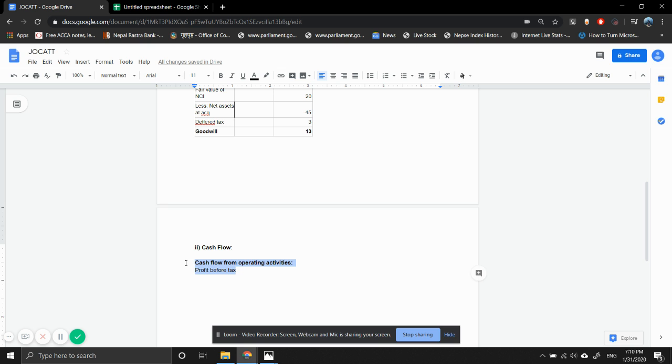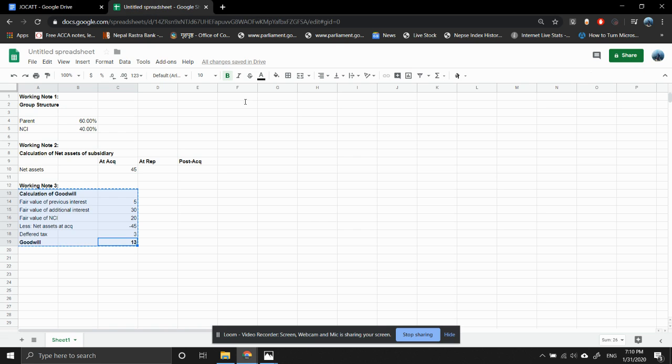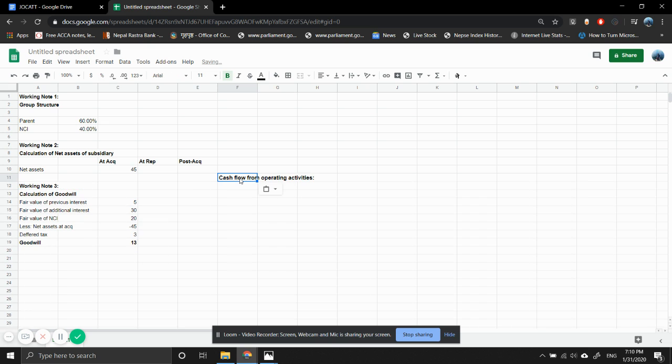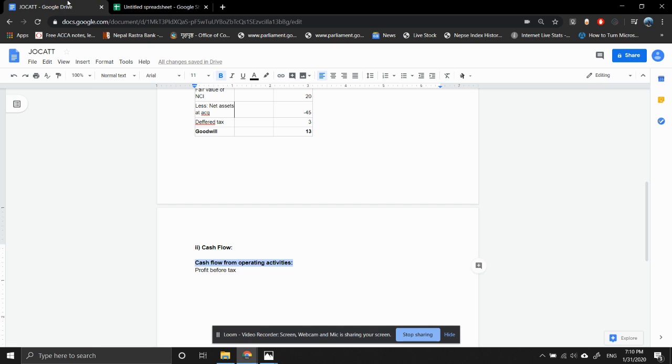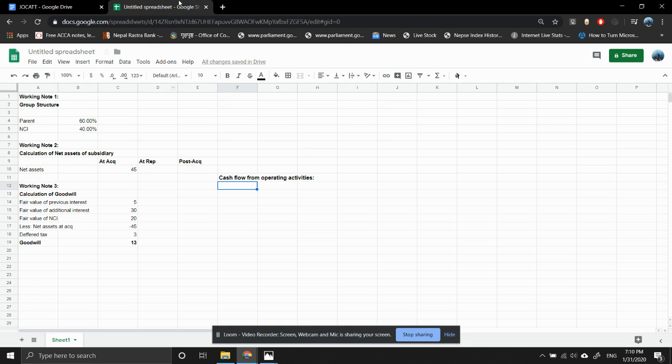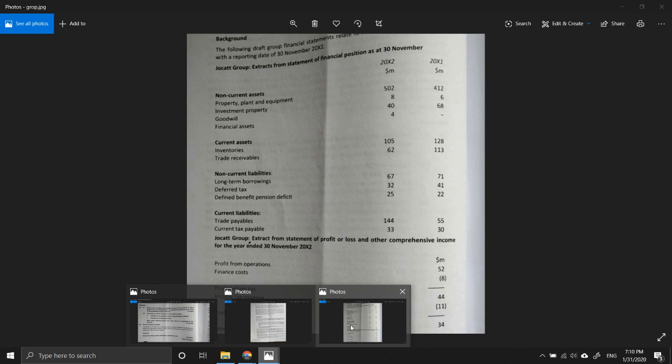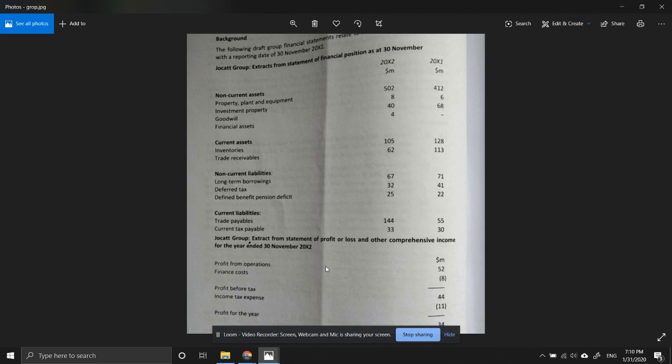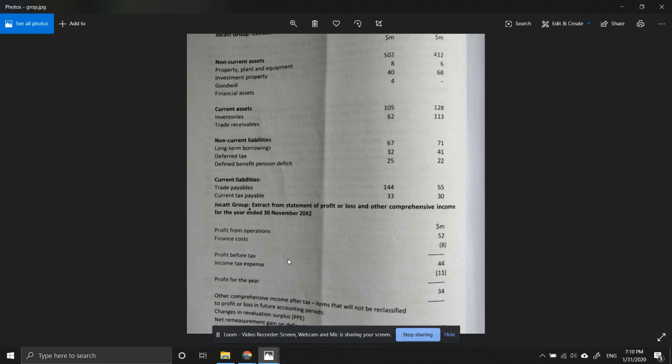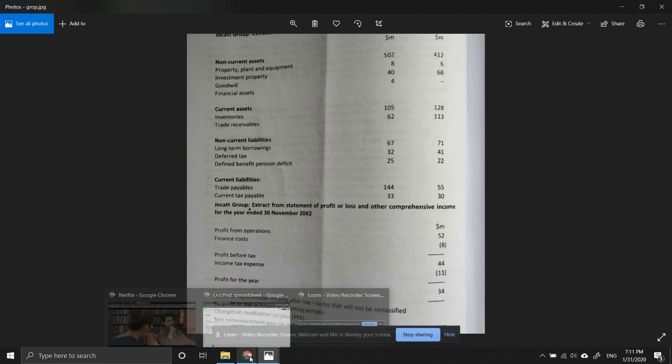That will be better, rather than doing it over here. We'll just copy paste everything. Profit before tax, PBT. I'll put the figures in this column. PBT is 44.